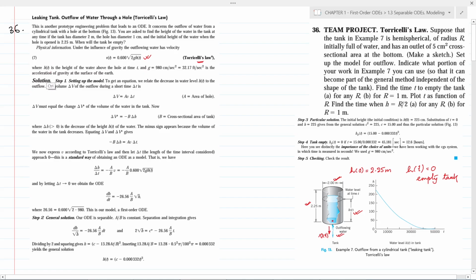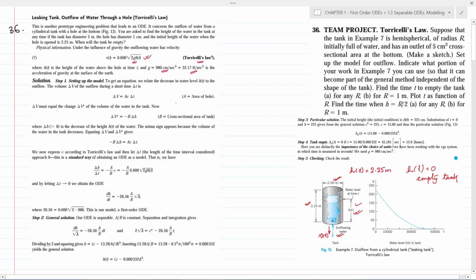And it is also given that h of t is the height of the water above the hole at time t, and g is 980 centimeter per second square in CGS units and 32.17 feet per second square in FPS units. And this g is the acceleration of gravity used in this equation.